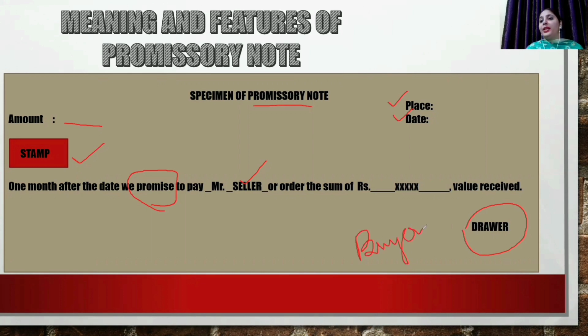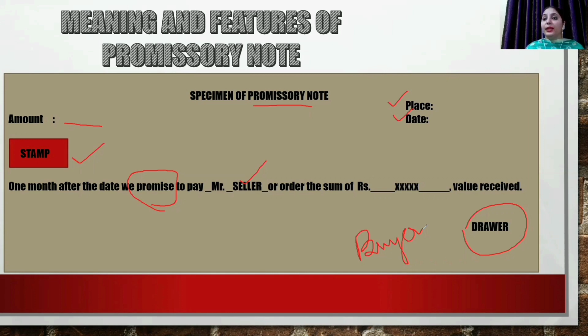Bills of exchange is an unconditional order by a seller to a buyer that the payment has to be made on a certain date for a specified amount. But here, promissory note is drawn by the buyer himself, and the buyer is promising.